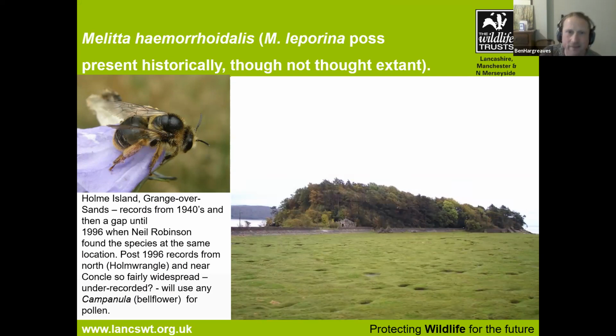And then there was an entire gap of records, quite possibly just not looked for, or not picked up at the right time, for whatever reason, and it was found at the same spot. But subsequently, post-1996, the records have been much more widespread. Holme Wrangle, if I've said that right, much further to the north, and then near to Barrow, I think.